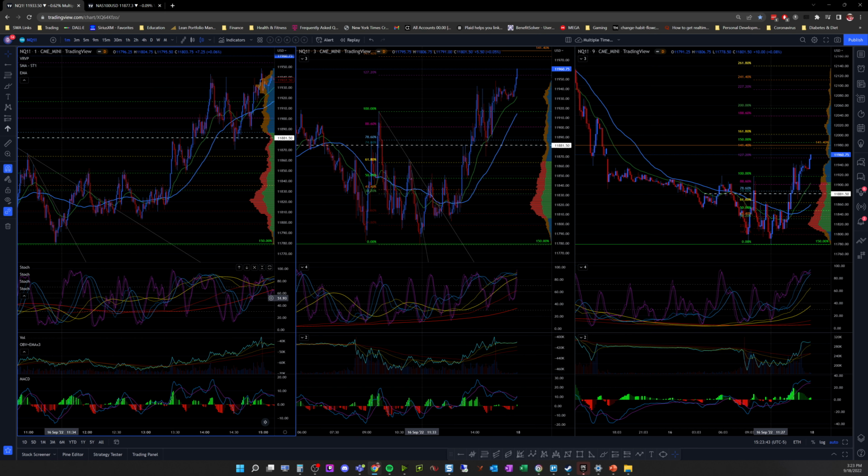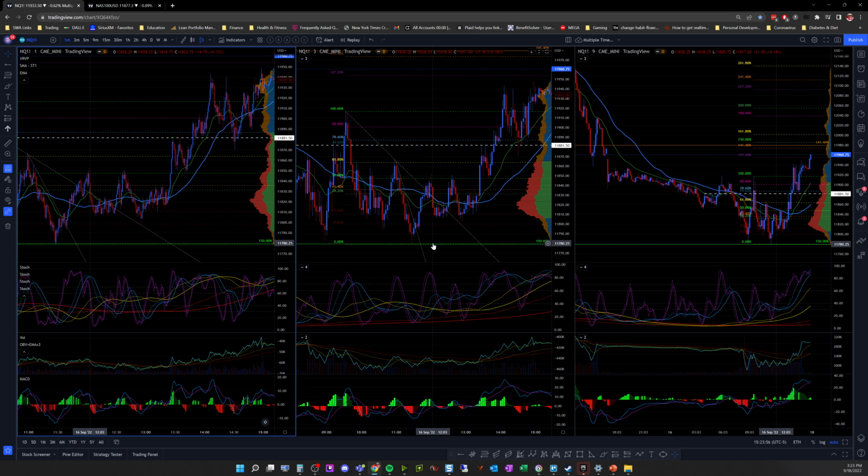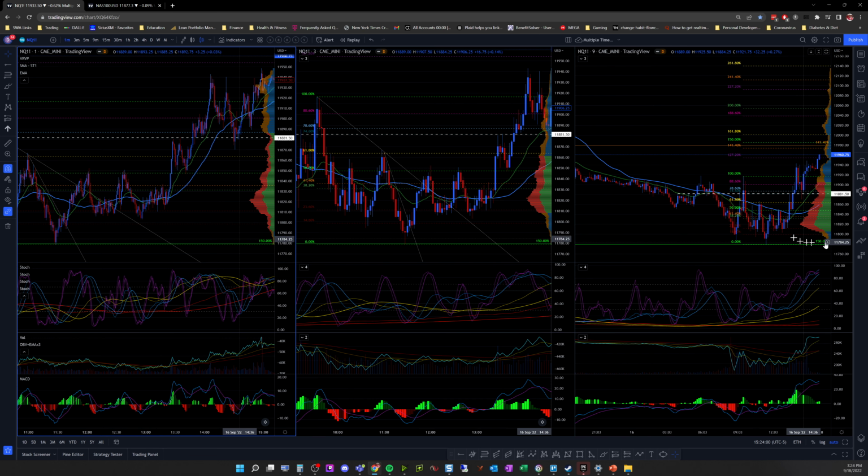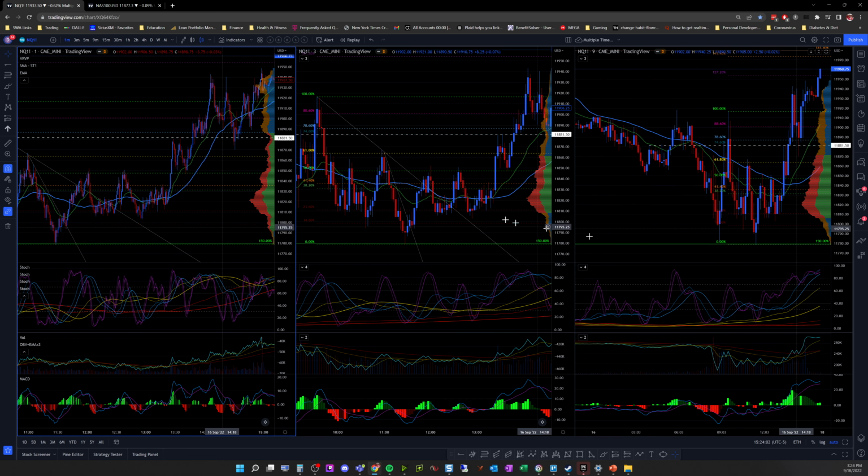The purple is the current time frame stochastics, the blue is the next time frame up, and the yellow is the next time frame up from that. For example, I like the way I can do crosshair synchronization here because it lets us show what's going on in these charts on the right.